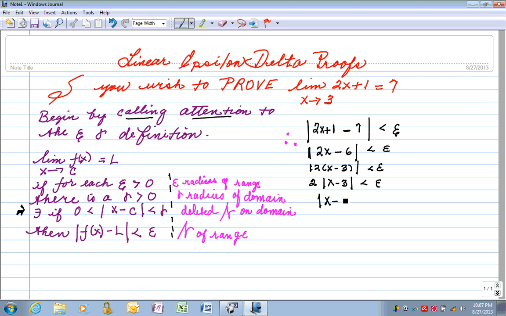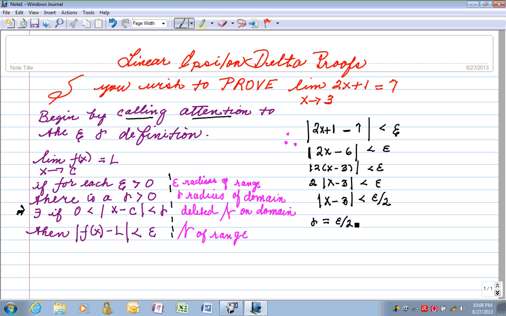From here, you get this by simplification. Well, if you study this hard, this was after the then, so in a conditional statement, this is a proof. We got to something that looked like x minus c less than delta. So what this tells you is that delta has a relationship to epsilon by 1/2 of epsilon.